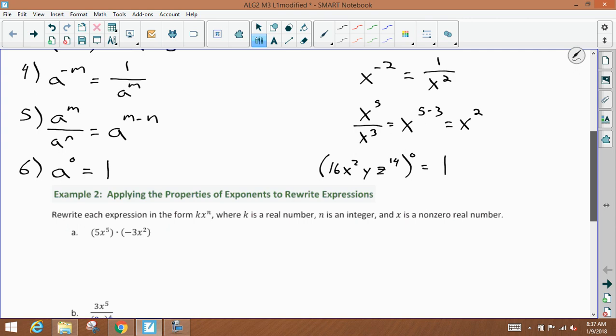Right? Because anything to the 0 power is 1. So it's tricky. Sometimes you'll get something like that. You'll think you need to do stuff to it. You know, it's just 1.